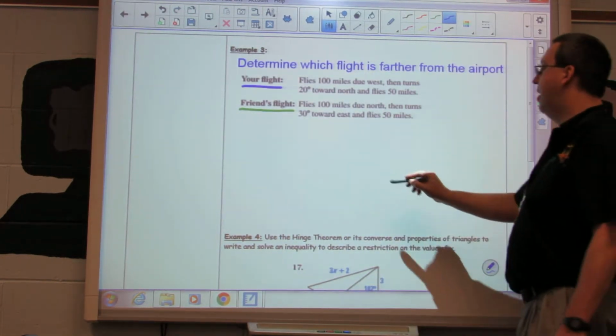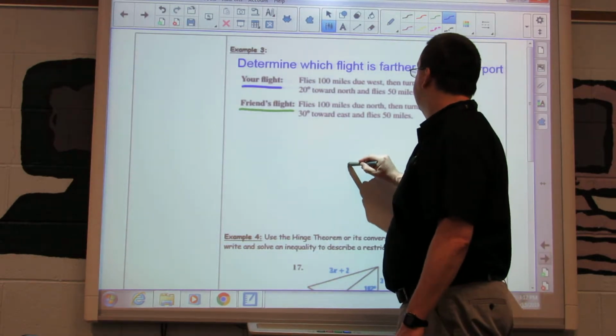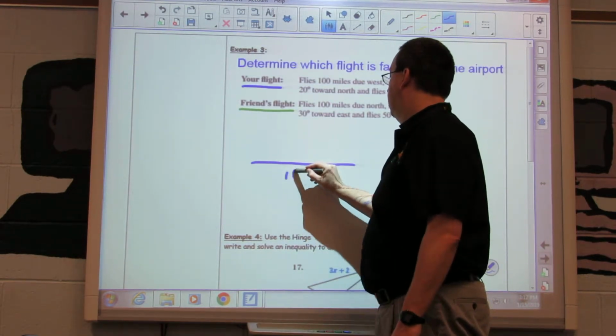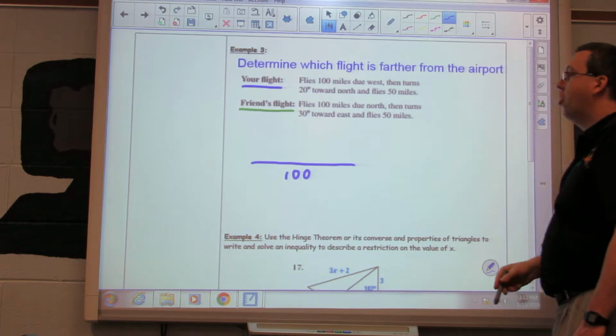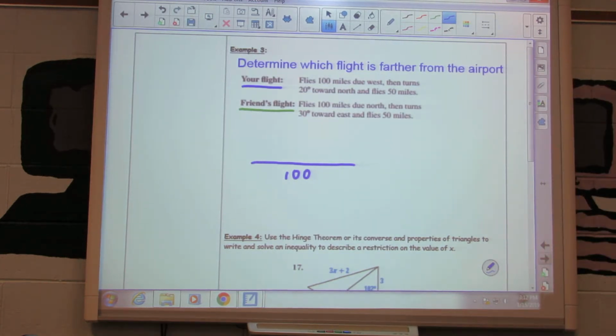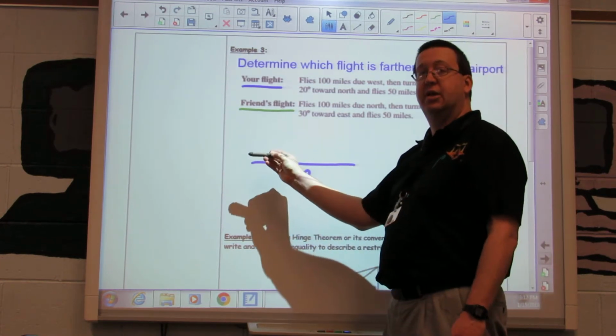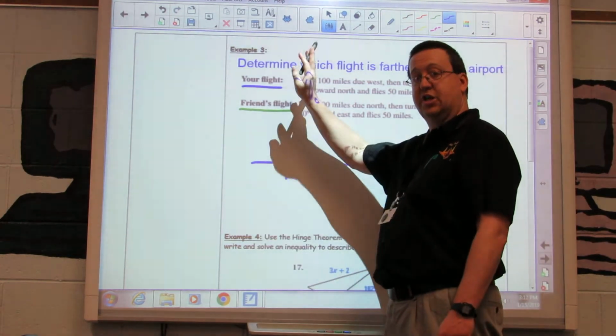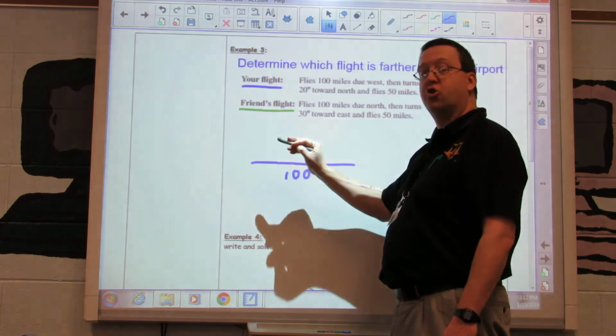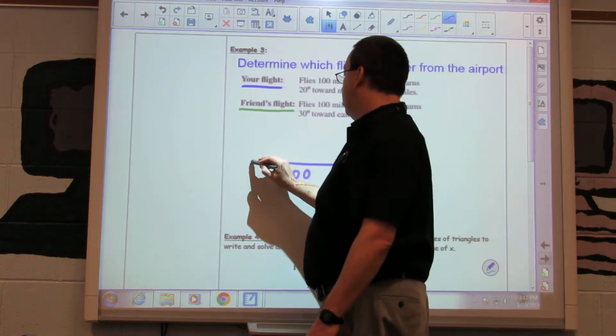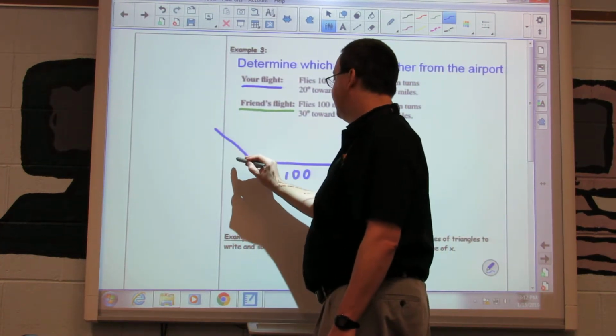You fly 100 miles west. Then you turn 20 degrees towards the north. Now this is what always messes people up. I'm going in this direction. I'm turning north, which is up. I'm going to turn 20 degrees. So my angle looks like this.